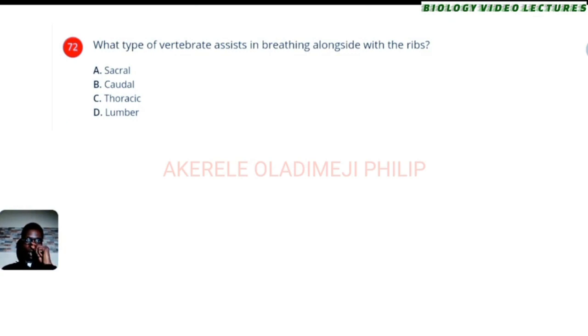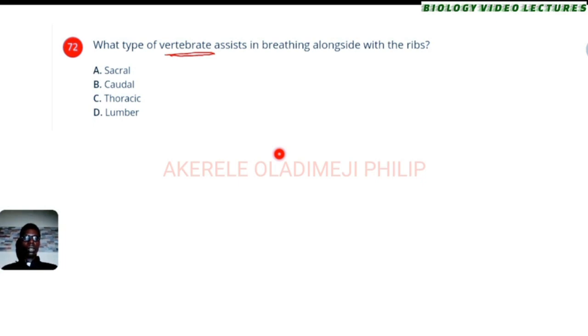Then it says here, what type of vertebrate assists in breathing alongside with the ribs? I guess this means vertebrae, not vertebrate. One of the bones of the back, the vertebral column, assists in breathing alongside the ribs.